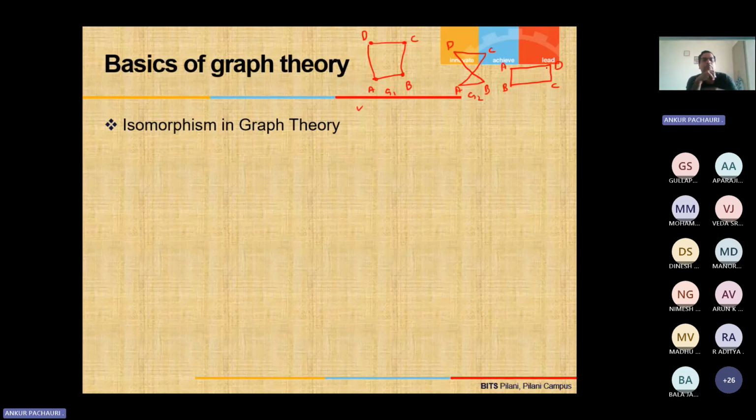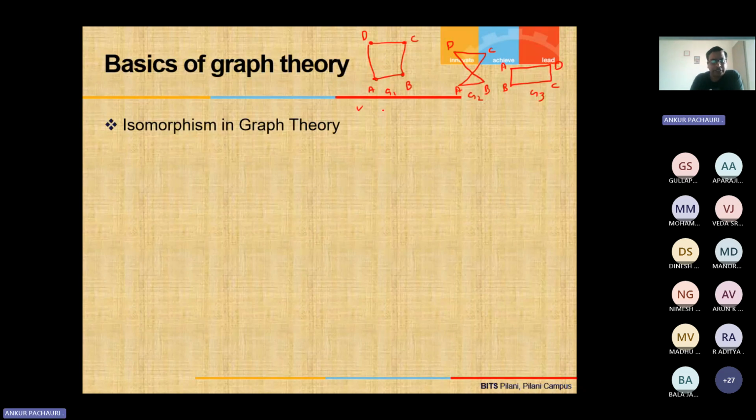Earlier the rectangle was in a vertical state, now it is in a horizontal state. This is also the same graph with a different orientation. So it's not necessary that you change the direction; you can just change the orientation also.